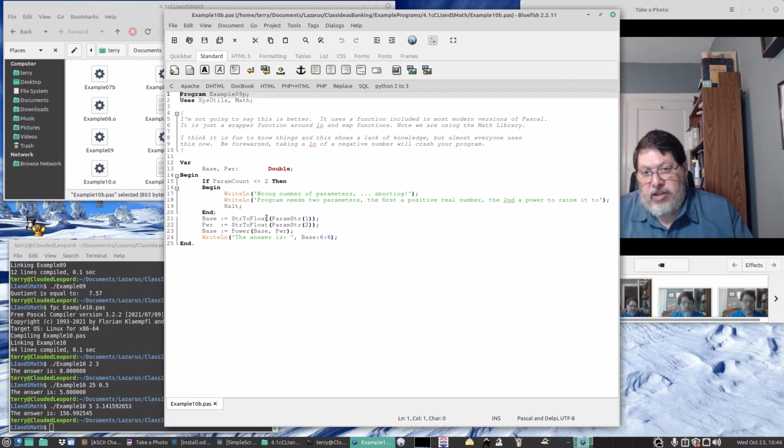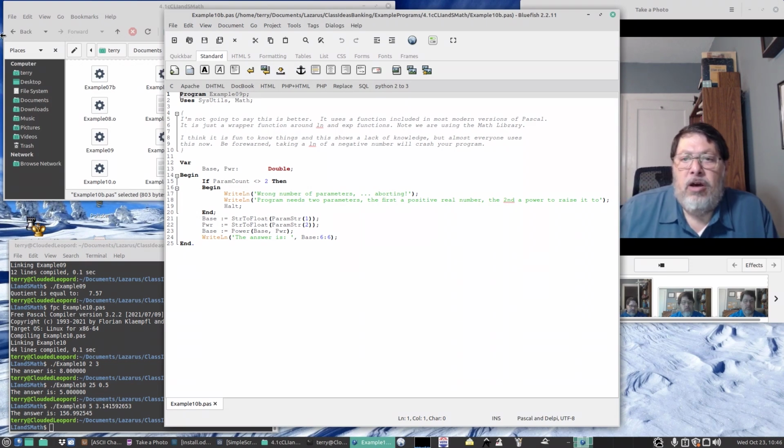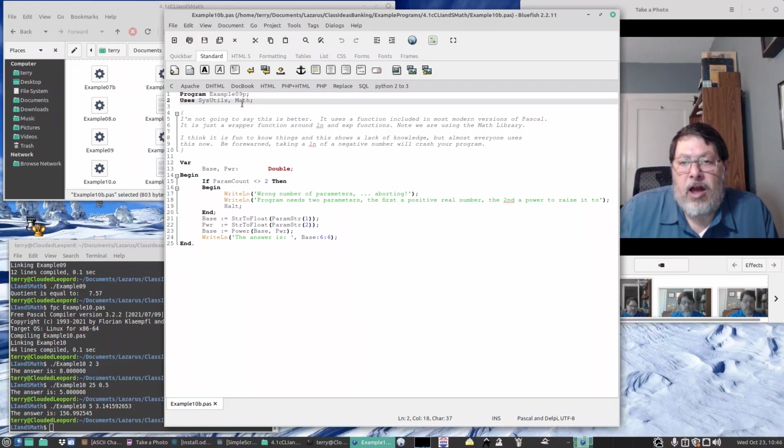I'm not going to say this is better, but there is a power function in Pascal that allows you to raise a value to a power, and it hides what's going on behind the scenes. What's going on behind the scenes is it's calling ln and exp for you. And it does work, but you have to include the math library.